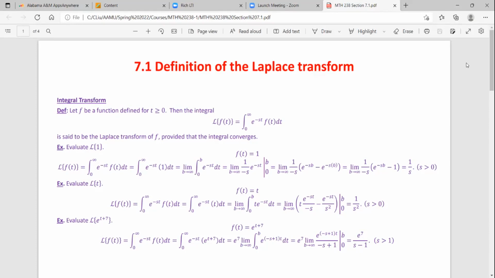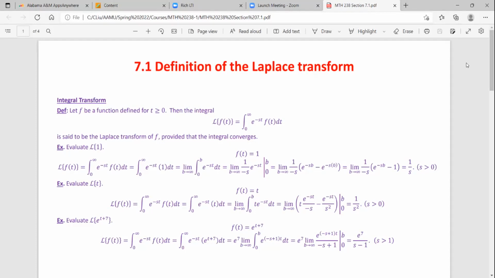But if you still remember the exponential function e to the negative sb, where b approaches infinity, and we know s is some positive parameter or constant. We require this s to be positive in order for this integral to converge.